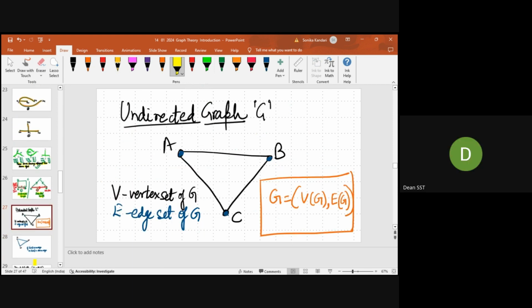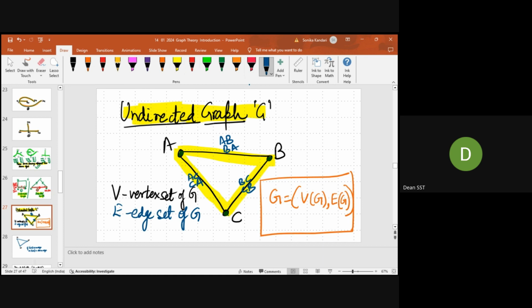So this is your undirected graph. There is no arrow. It means AB is same as BA, BC is same as CB, AC is same as CA. Is it clear?